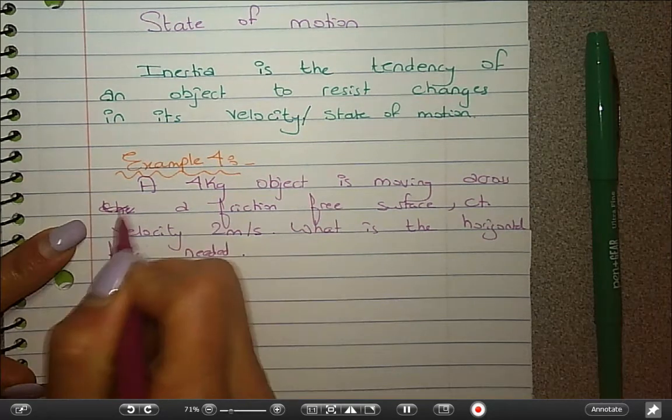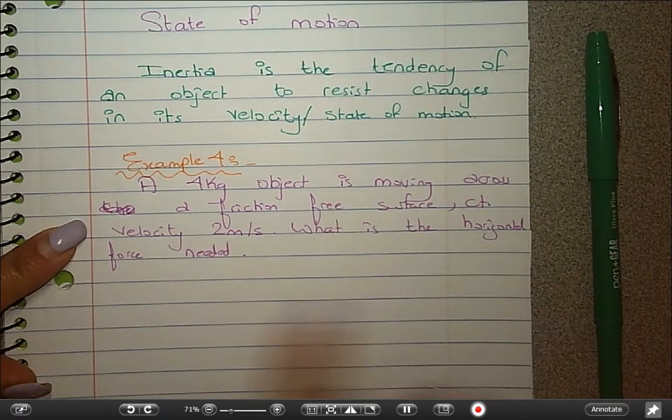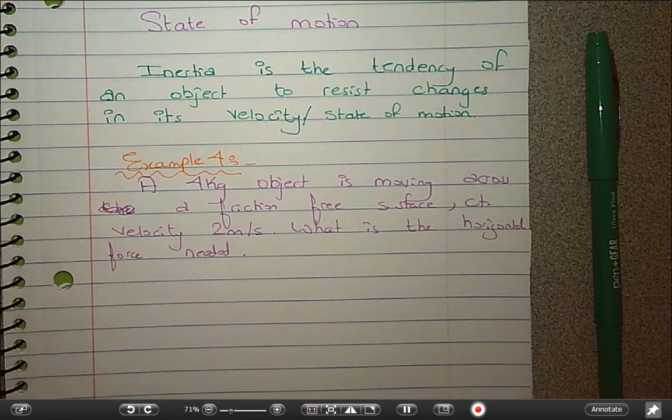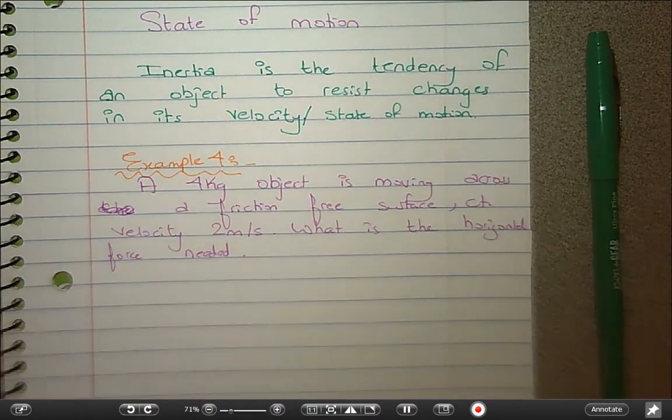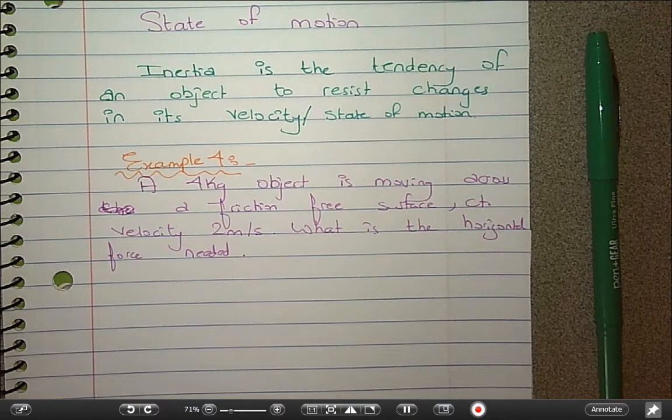It's moving across a horizontal surface. I did not even write horizontal. Oh, here it is. But there is no friction, right?